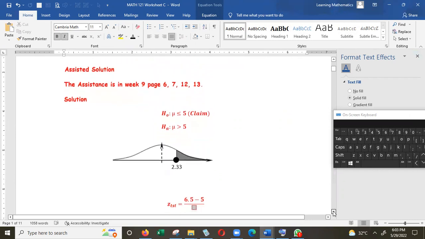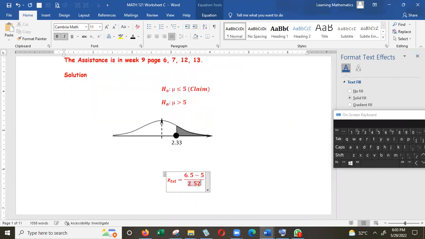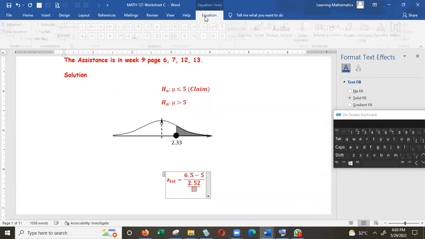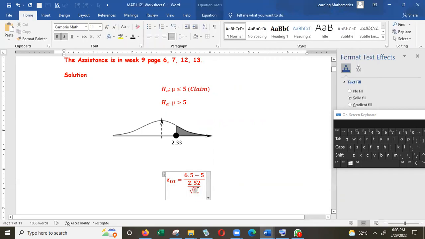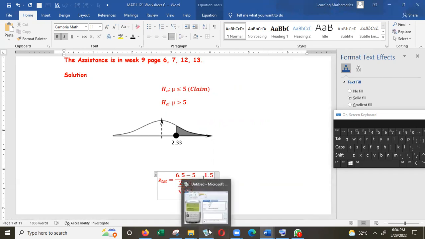2.52 divided by the square root of 144. So 6.5 minus 5, that is 1.5, divided by, and what we need to do now is find what 2.52 divided by the square root of 144 is.